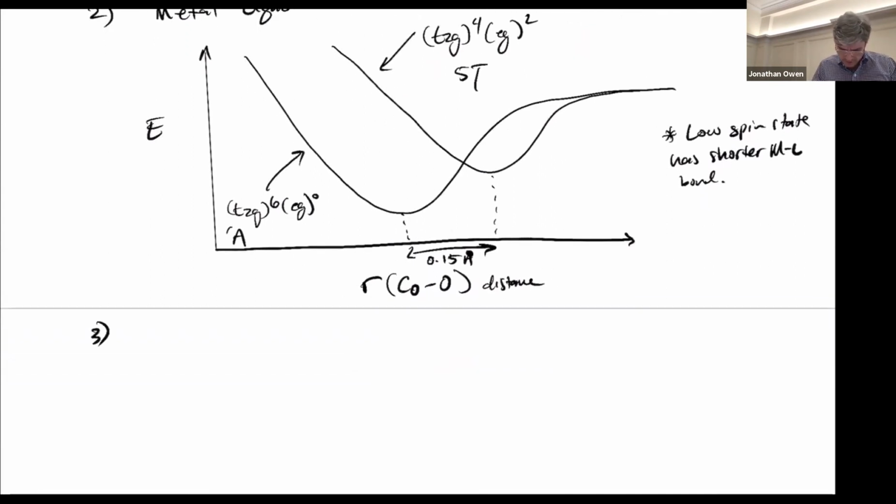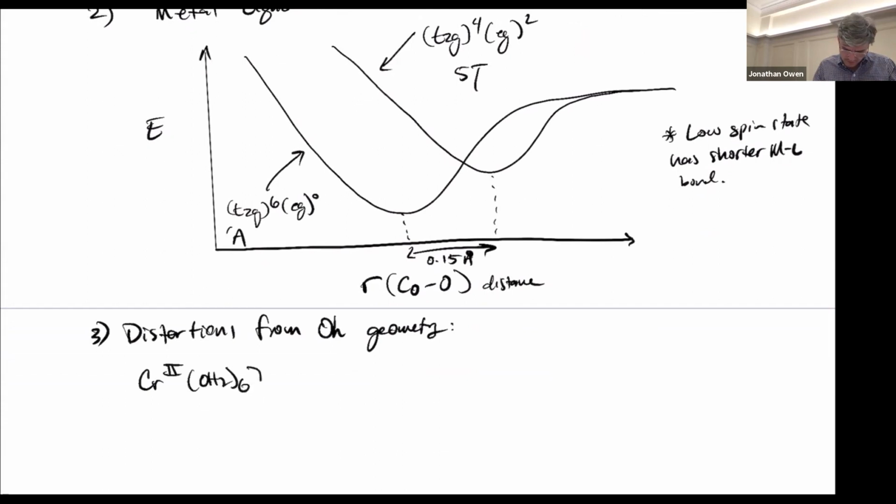There's another one that we have to talk about. We actually end up with distortions from octahedral. Classic example of this is chromium 2 hexaquo ion. This thing is D4.